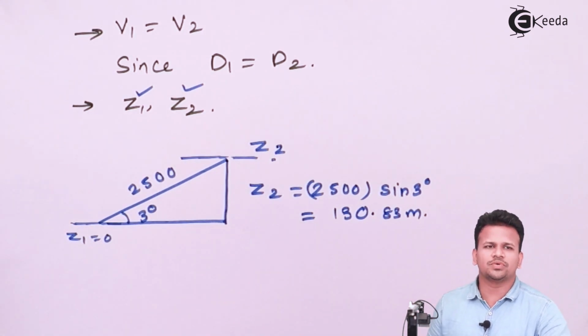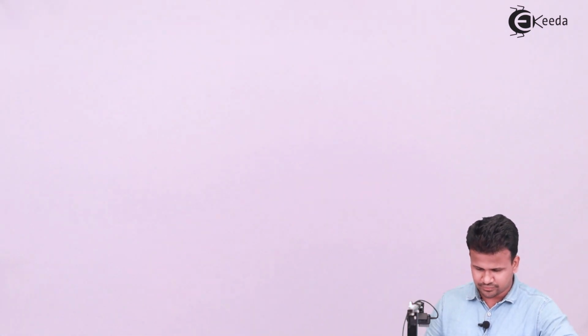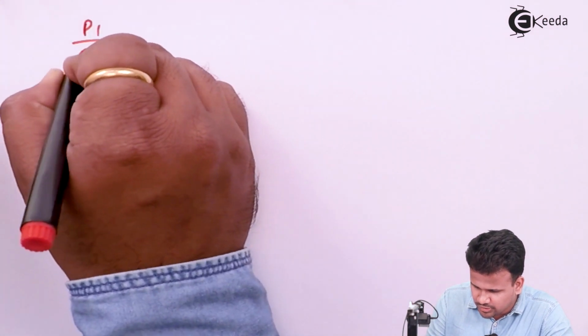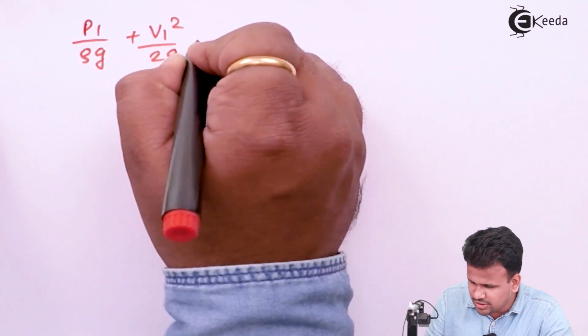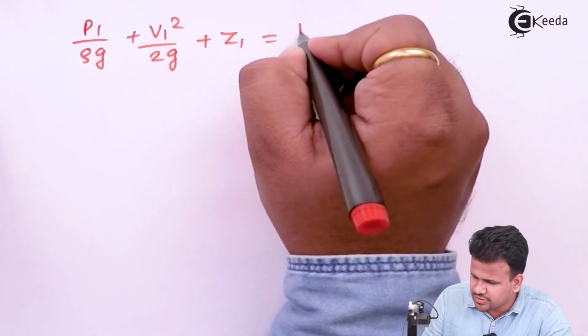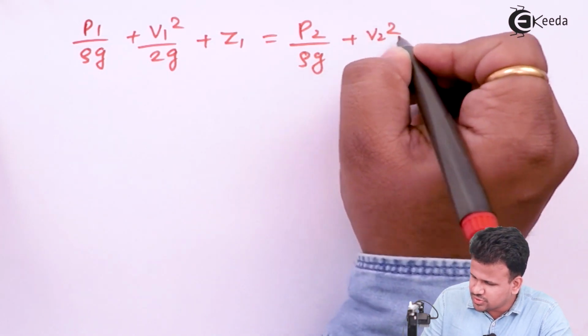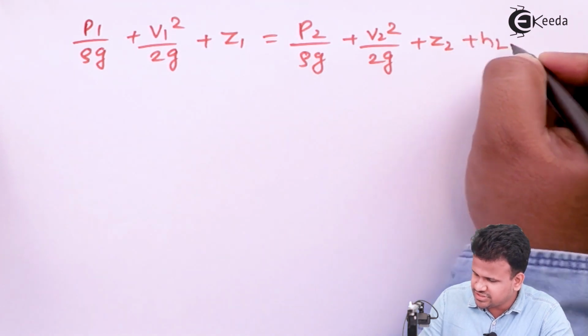Now let us substitute in Bernoulli's equation. Bernoulli's equation is P1 upon rho g plus V1 square by 2g plus Z1 is equal to P2 by rho g plus V2 square by 2g plus Z2 plus HL.